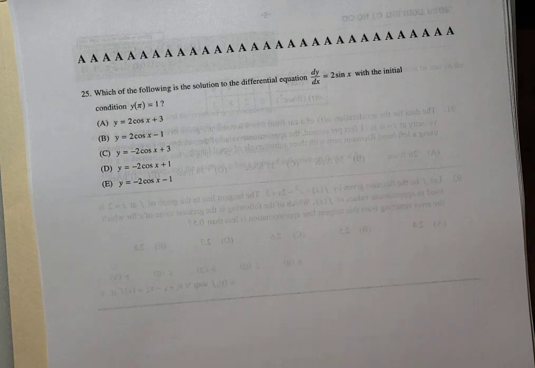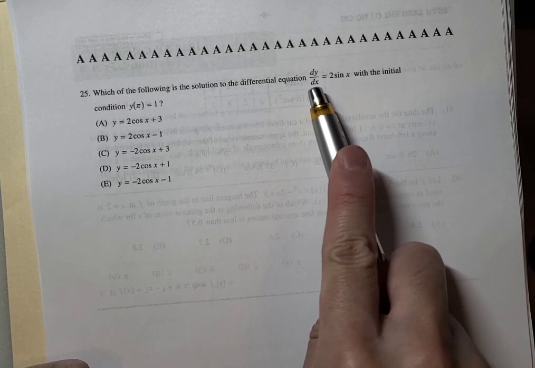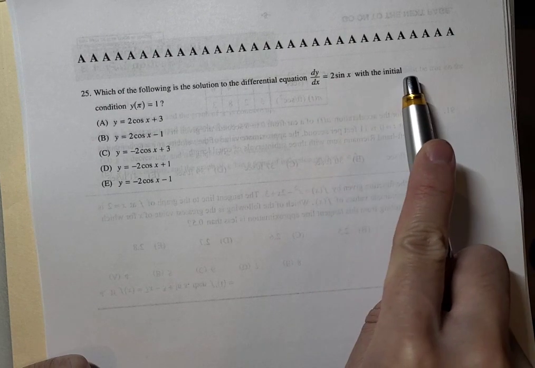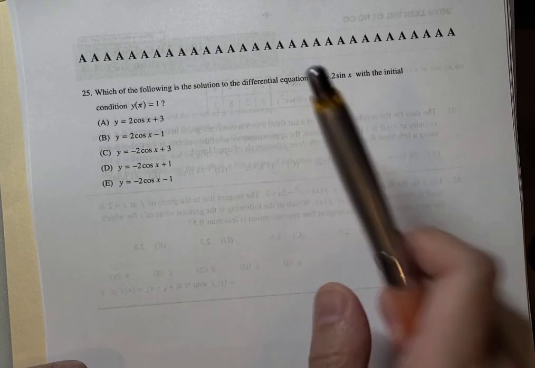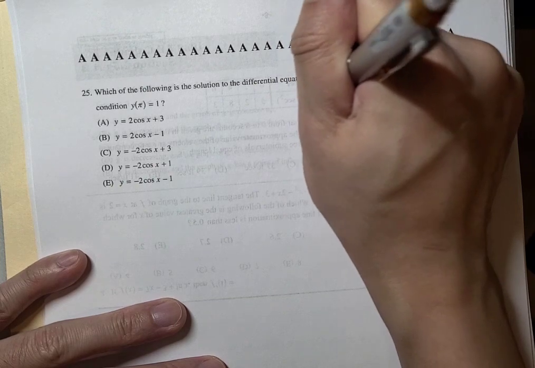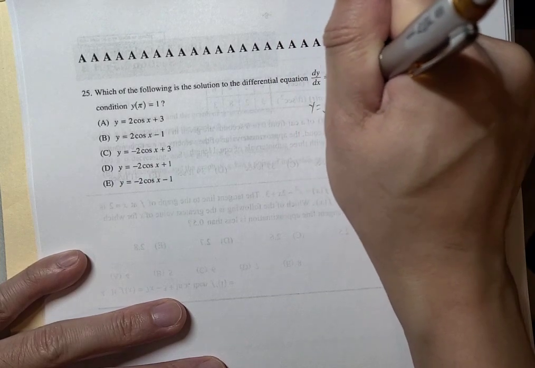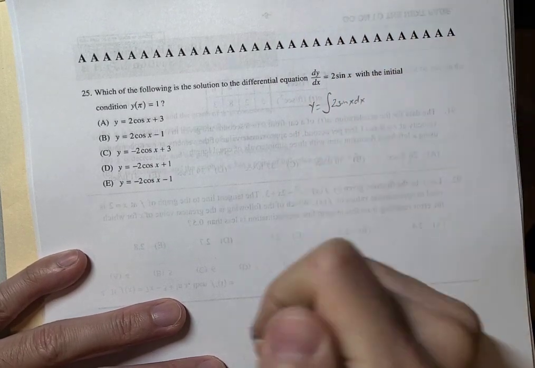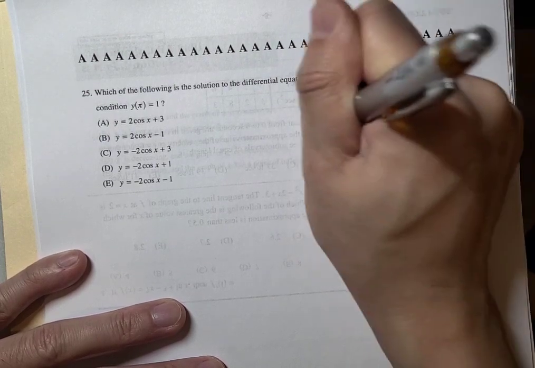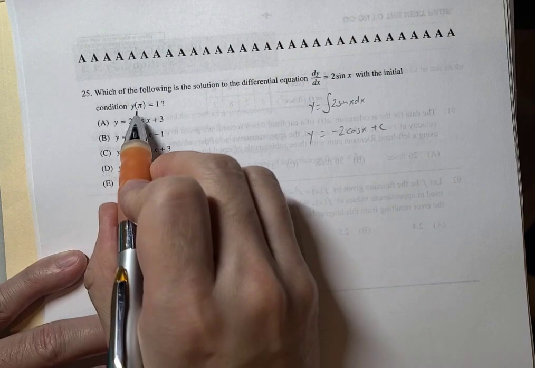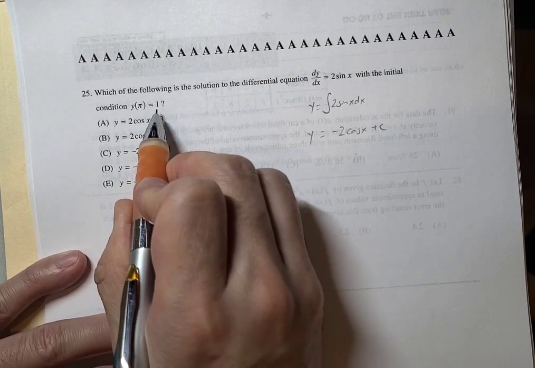Which of the following is a solution to the differential equation dy dx is 2 sine x with the initial condition y of pi is 1. So we can just integrate both sides. So y is the integral of 2 sine x dx, which is what? -2 cosine x plus c. They give us an initial condition, y of pi is 1.